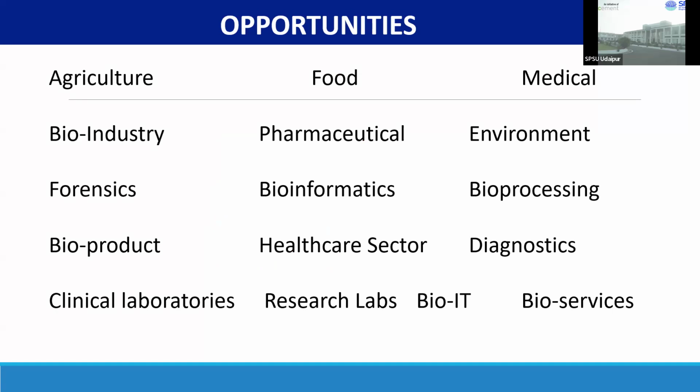All right. And these are the various areas where you will find your scope or the opportunity. So you will have an opportunity to work in the sector of agriculture after doing biotechnology.